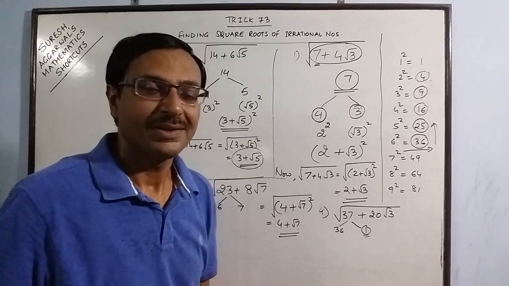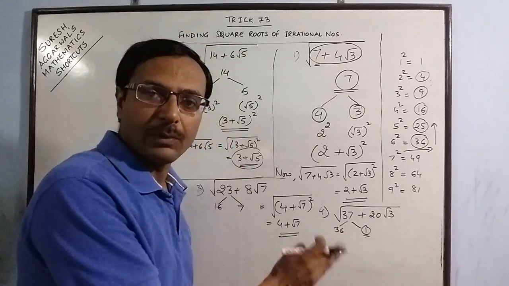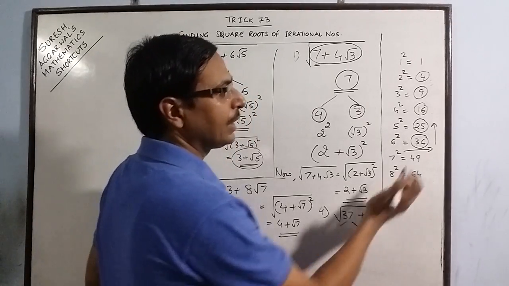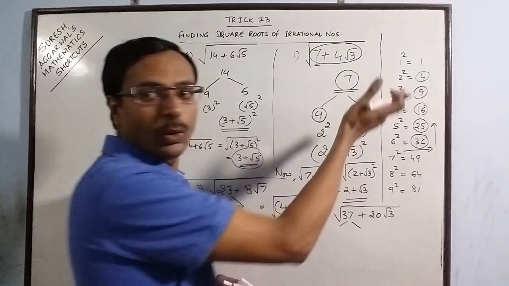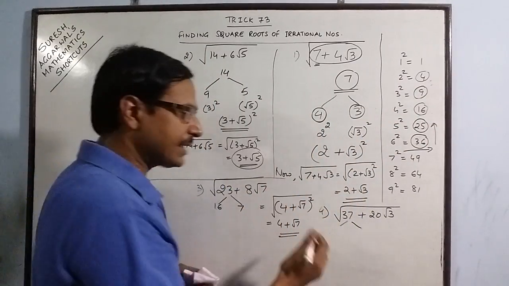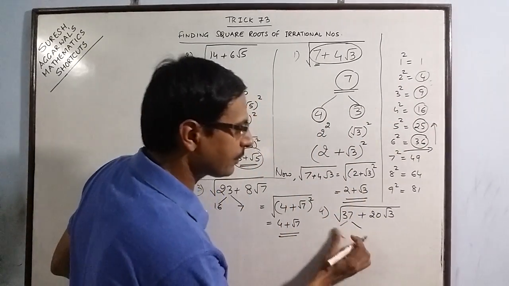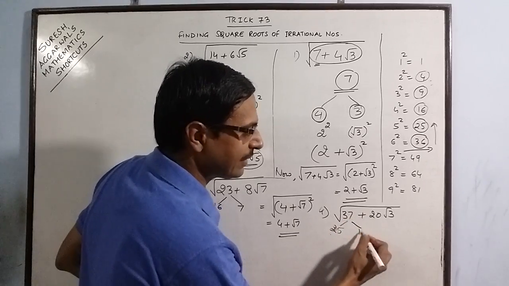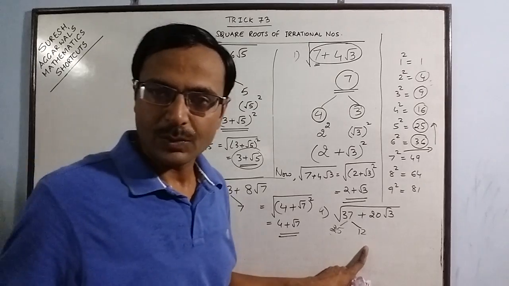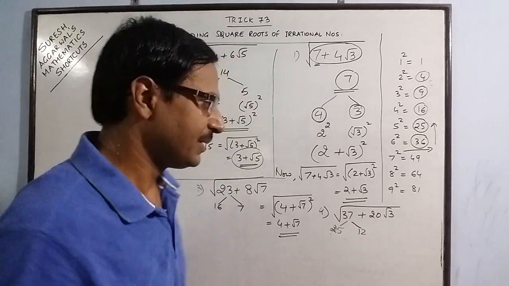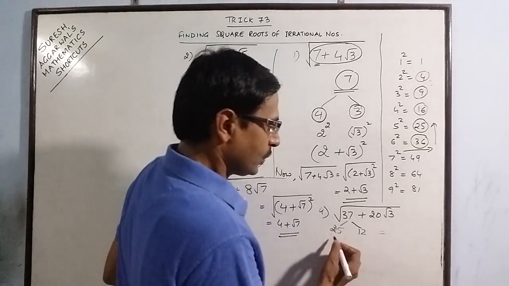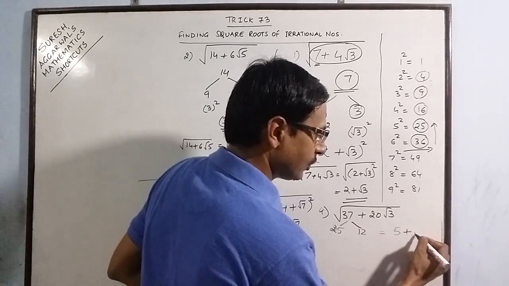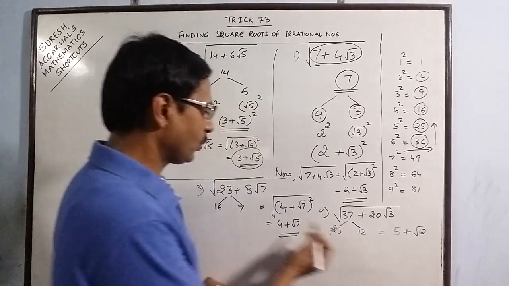So what we do in this type of question is we cancel this 36 and move on to the next lower number. The next lower number is 25, and now the problem is solved. 37 minus 25 is 12. 12 is not a perfect square, so this will give us the answer. 25 is 5 square, and we have root 12 because we put a root on this.